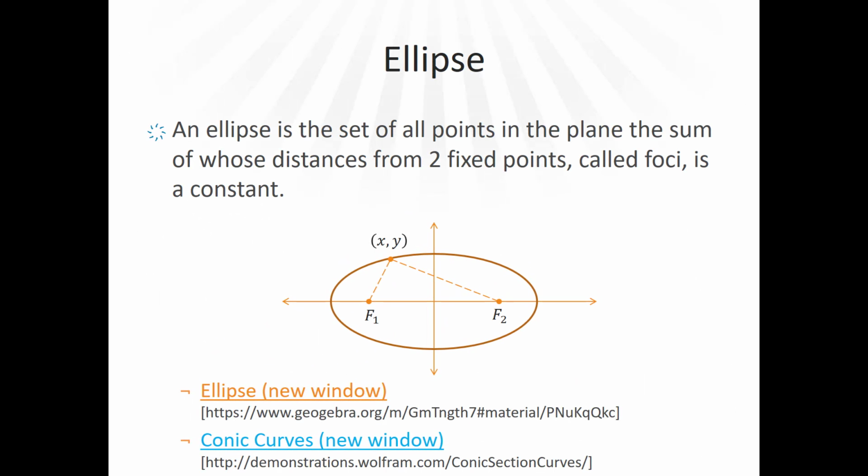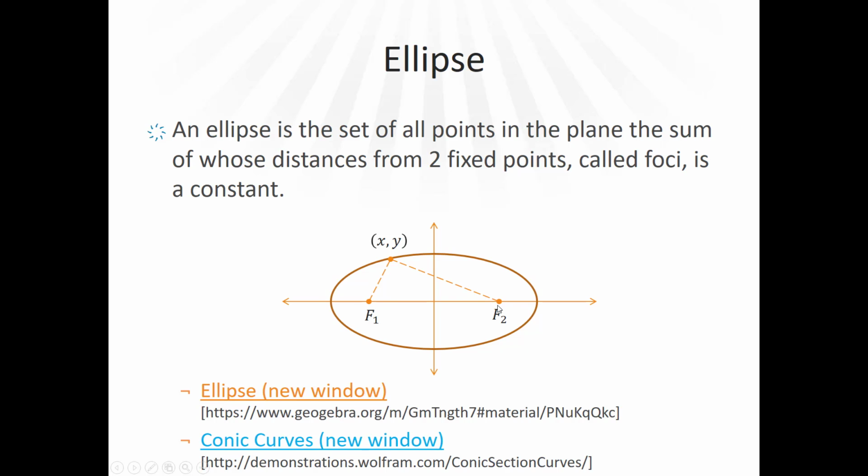All right, let's look at ellipses. So an ellipse is the set of all points in the plane, the sum of whose distances from 2 fixed points is constant. So we call those 2 fixed points the foci. An ellipse is sort of an elongated, stretched circle.